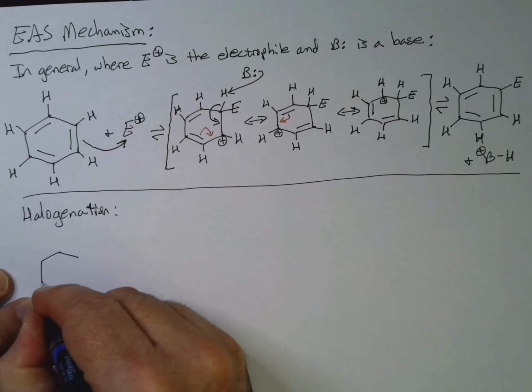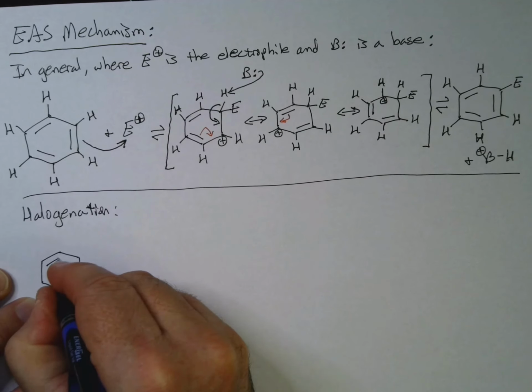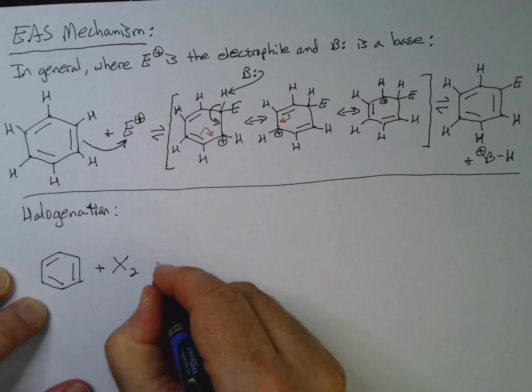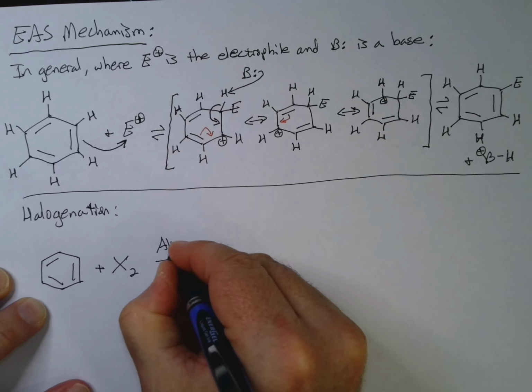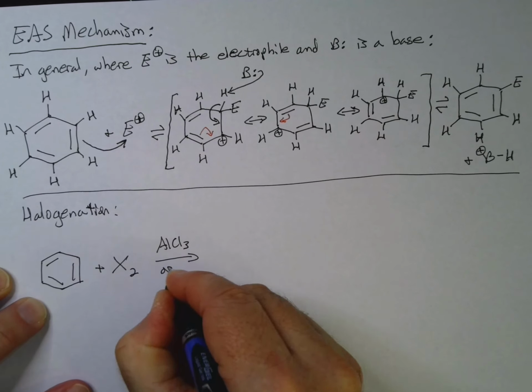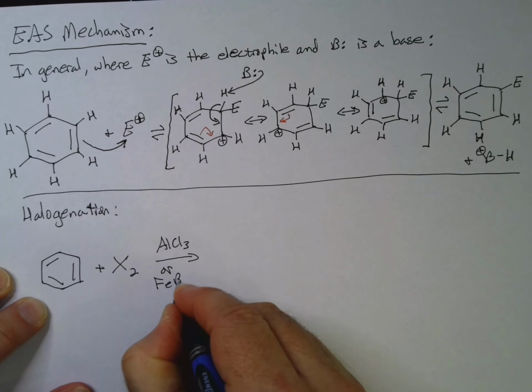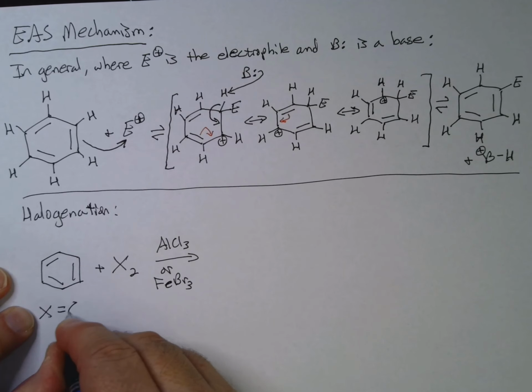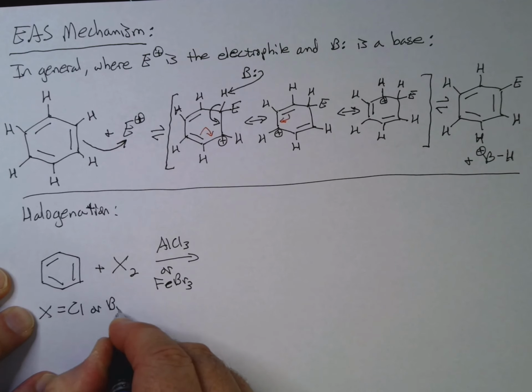So we'll go ahead and have our benzene here, and then we'll add X2 and use AlCl3 or FeBr3. And then X is going to equal Cl or Br.